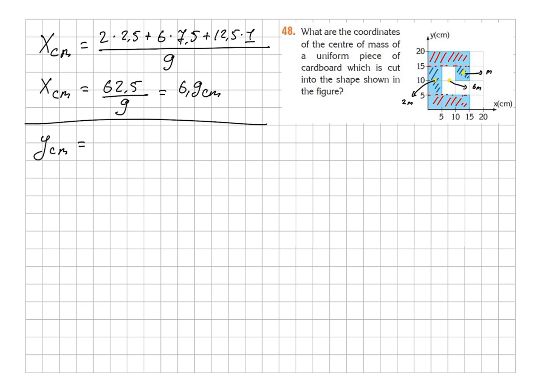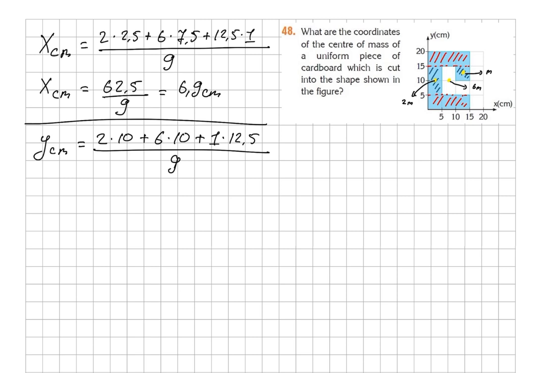And we have to make the same for ycm. So it will be mass of 2 times 10, plus mass of 6 times 10, plus mass of m, which is 1 times 12.5, over 9.